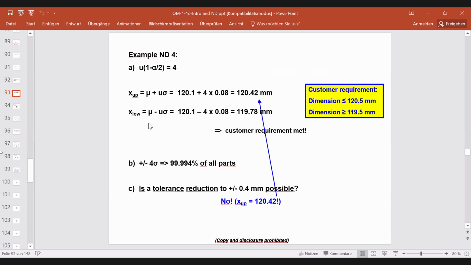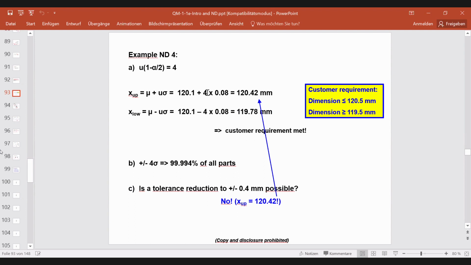Now, if we do the calculation by using the table, this is the mu here, 120.1, and this is the sigma. And 4 is u, because the customer wants plus minus 4 sigma.